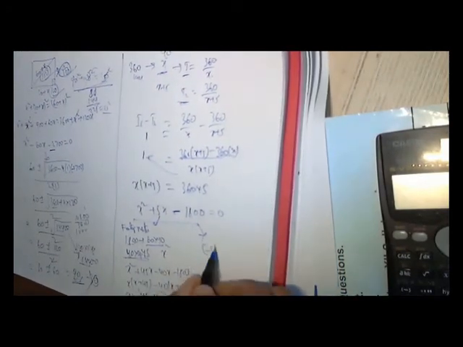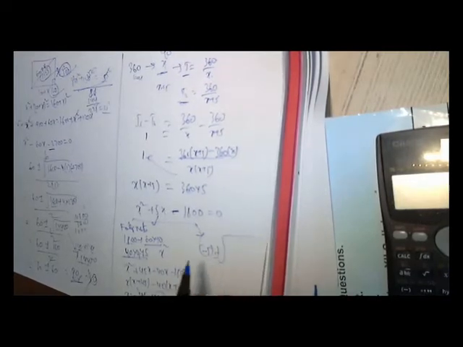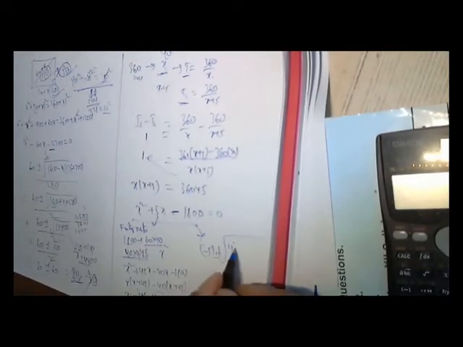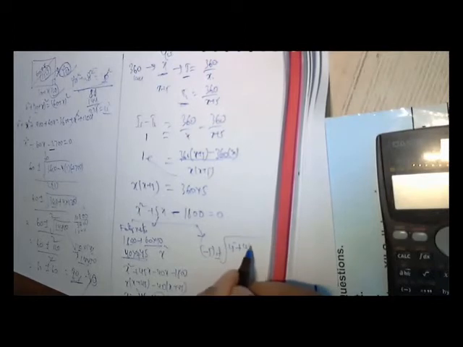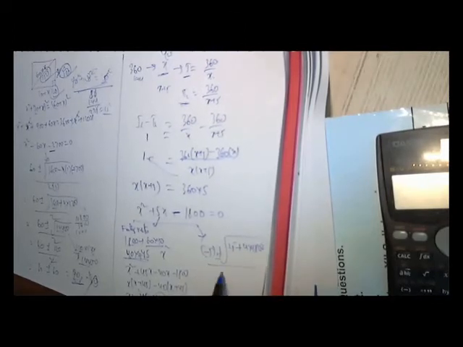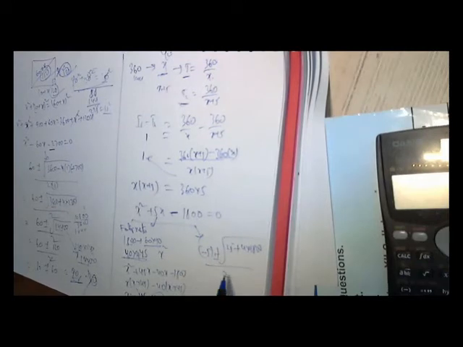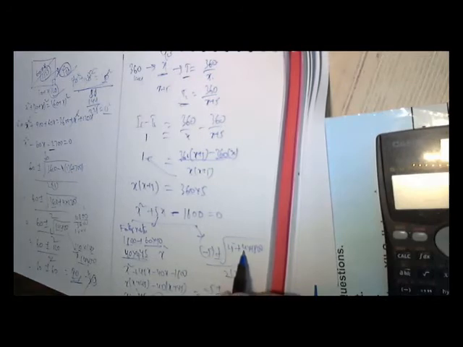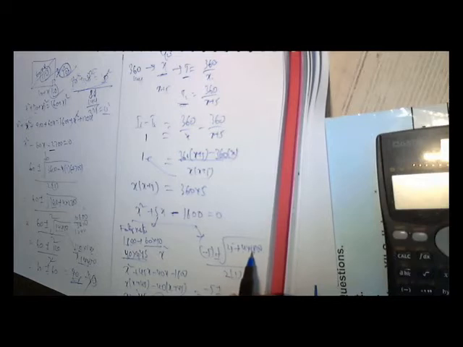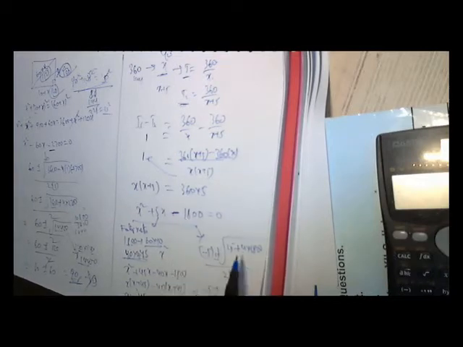Minus b plus or minus square root of b square minus 4ac by 2a. 2 into a is 1, 2 into 1 is 2. So minus 5 plus or minus, what is this? Square root of 4 into 1800, 4 into 1800 is 7200. 7200 plus 25.